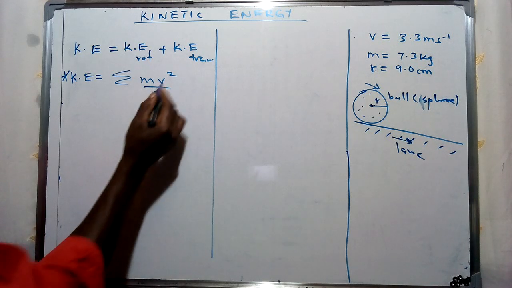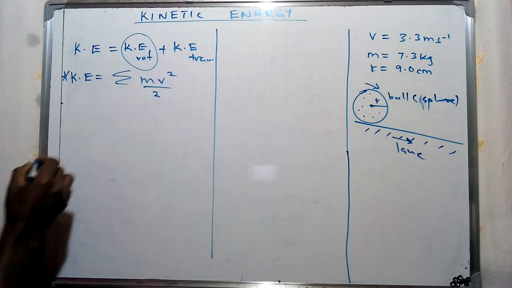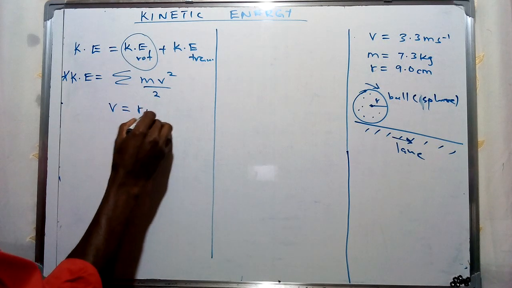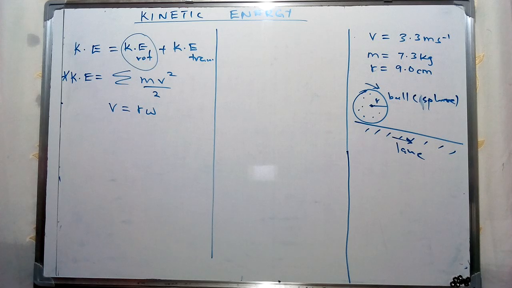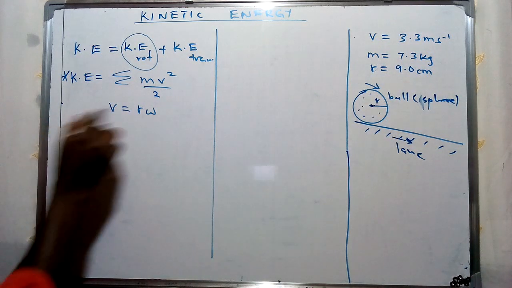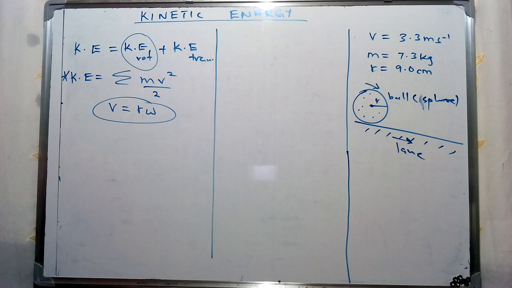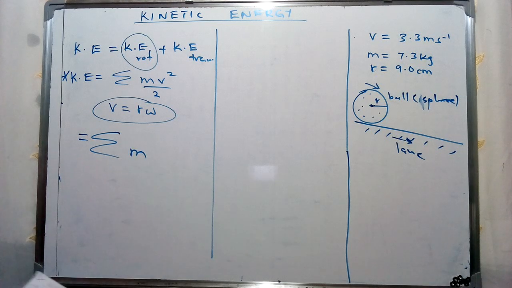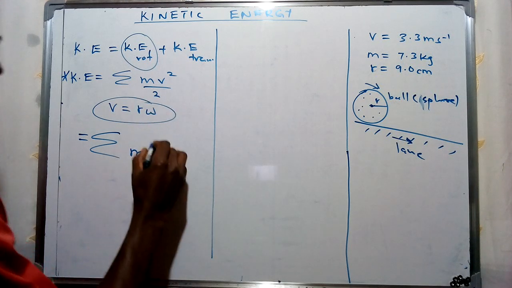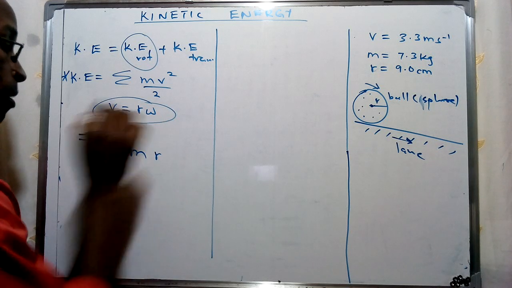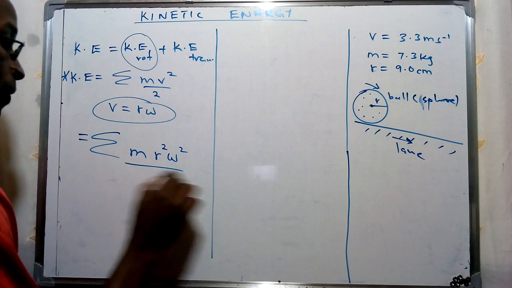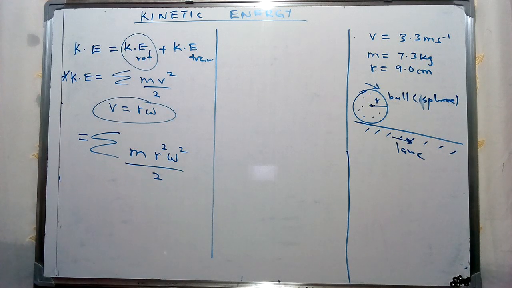So from this, we're going to take into account the concept of what we refer to as angular velocity, given in terms of v equals r omega. We're going to use this description to find the rotational kinetic energy. By doing a substitution, we'll have a summation of m, whereby the square of v is, from this description, the square of r and omega squared, and the whole of that is divided by 2.